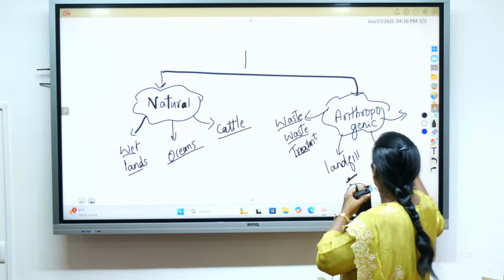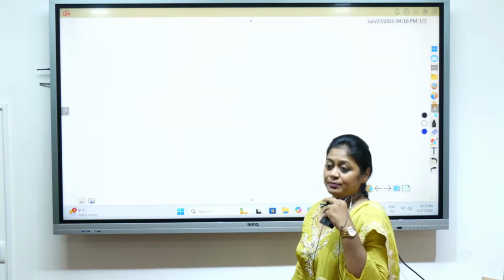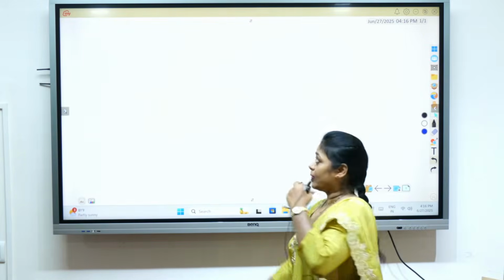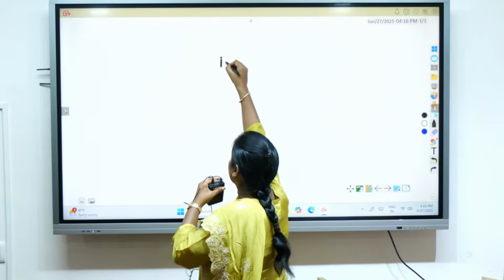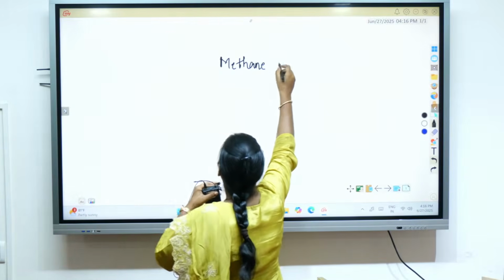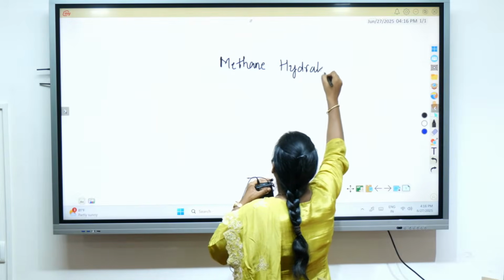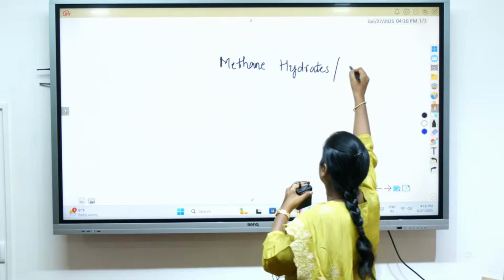Now we were discussing clathrates, also known as methane hydrates. So what are methane hydrates or clathrates? Methane hydrates are clathrates.